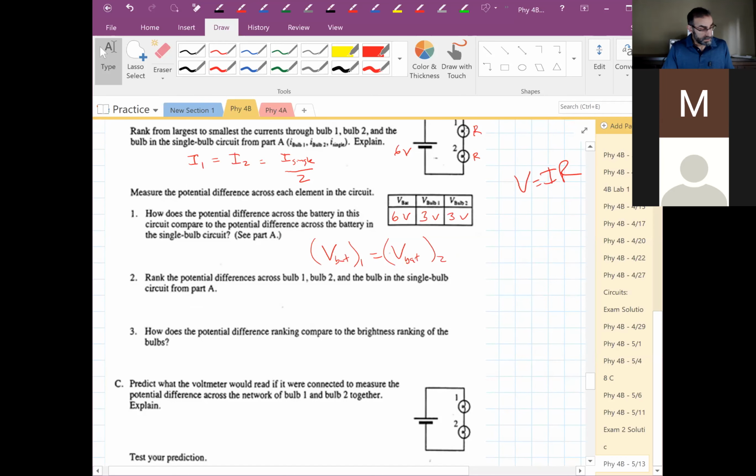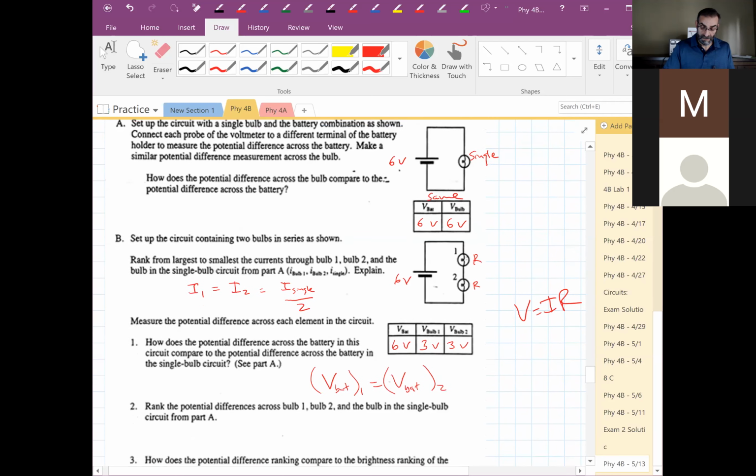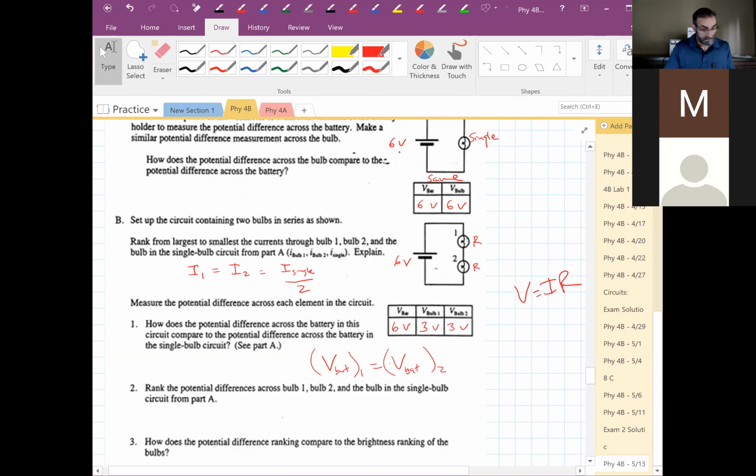Now it says rank the potential differences across bulbs 1, 2, and the single bulb circuit. Well, we already listed them all here. I think we're done with that, right? The single bulb is the greatest, right? It's 6 volts. And V1 and V2 are the same, and they are 3 volts, right?